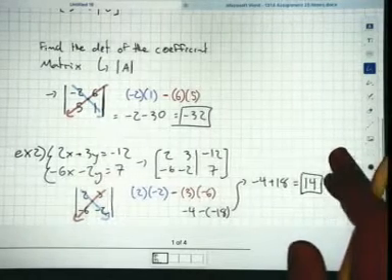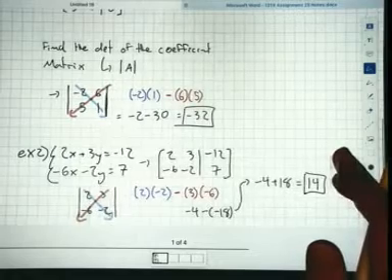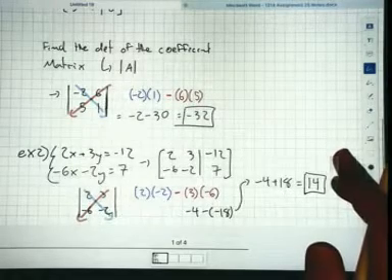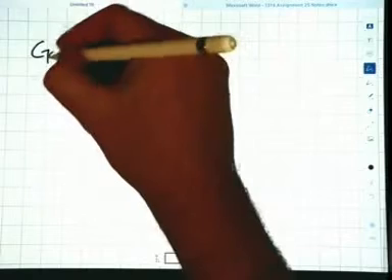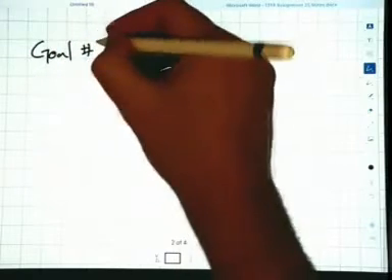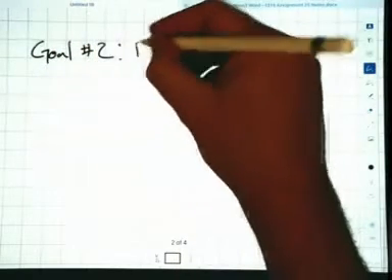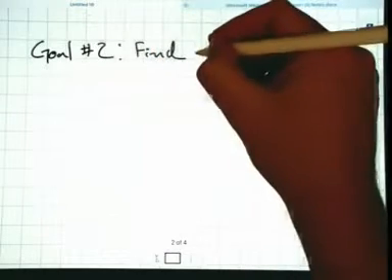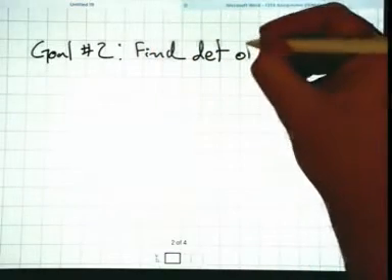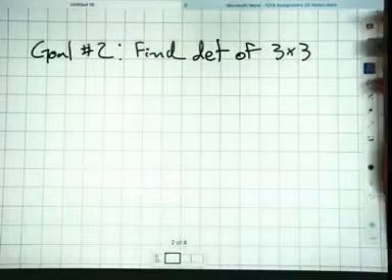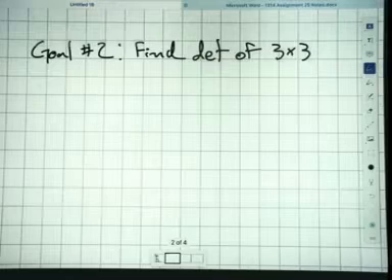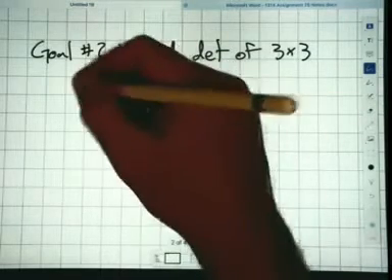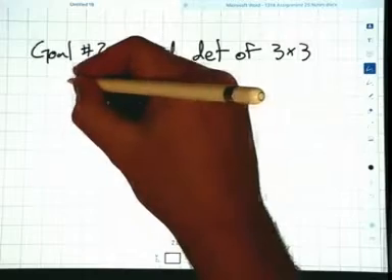Okay, so let's move on to finding the determinant of a 3 by 3 matrix. So goal 2: find the determinant of a 3 by 3 matrix. So let's just go right into the coefficient matrix.